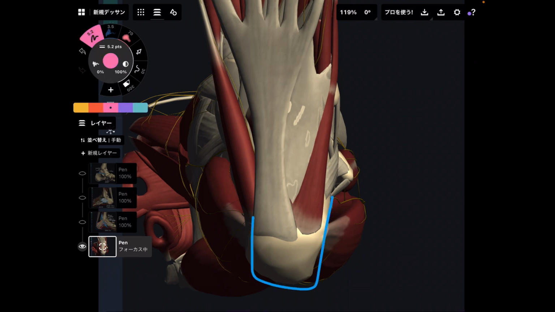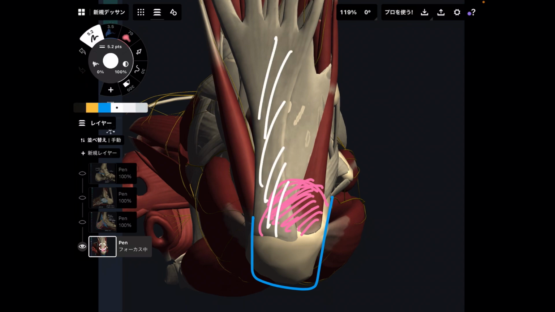I want you to focus around this area. This place is the attachment of foot muscles and foot fascia. What kind of tissues and muscles are there? Well, this one is the plantar fascia. Plantar fascia is very important to maintain foot arches, foot movement, and ankle movement.